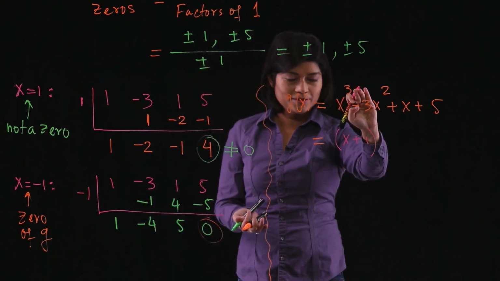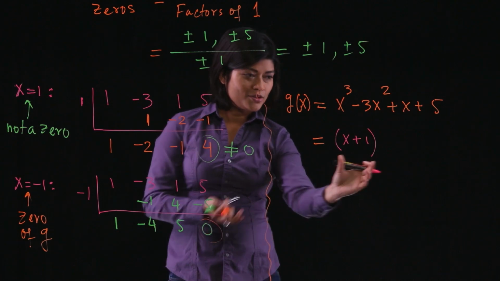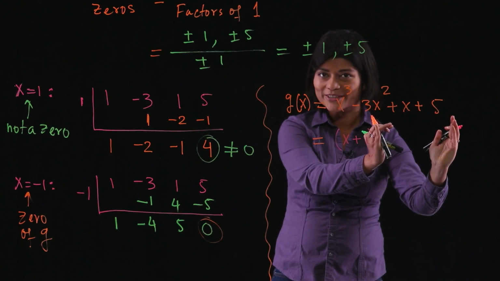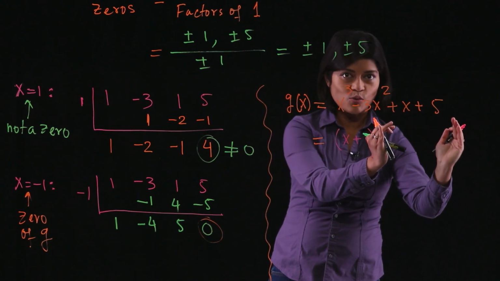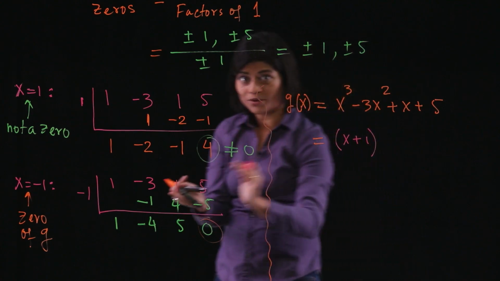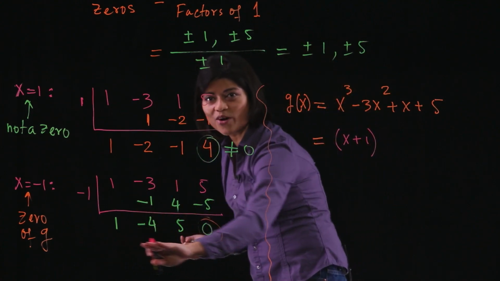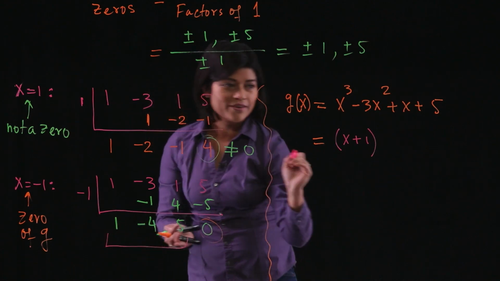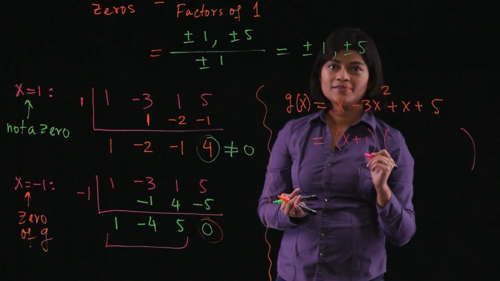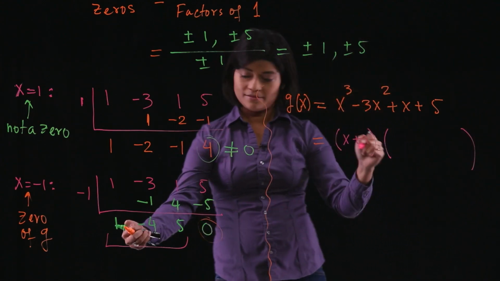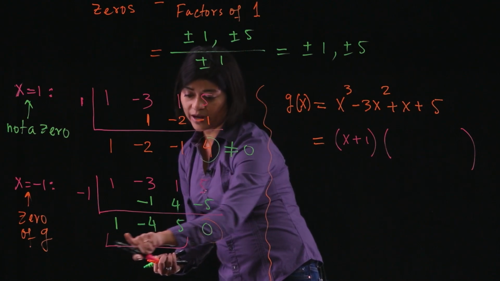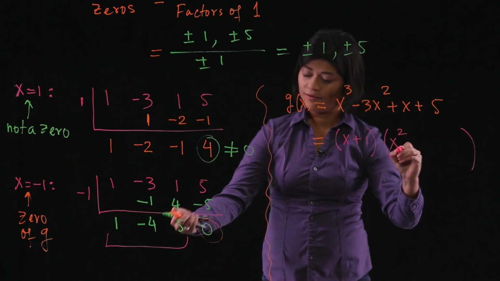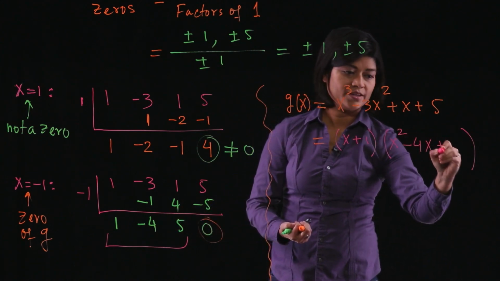This is a degree 3 polynomial. We found a linear factor. So what will remain here? A degree 2, right? And that's a quadratic expression. So can we figure out what is remaining? It's very easy actually. You already have the coefficients of that quadratic polynomial right here. Do you see that? Those are the coefficients. So yes, you can write down this remaining factor right here. And it will be, so this is the coefficient for x squared, x, and the constant term. So we will have x squared minus 4x plus 5.